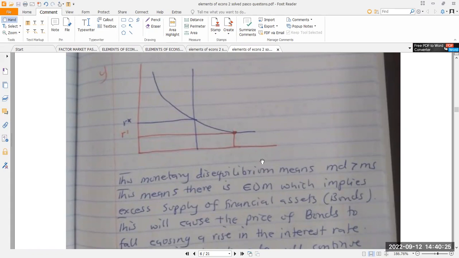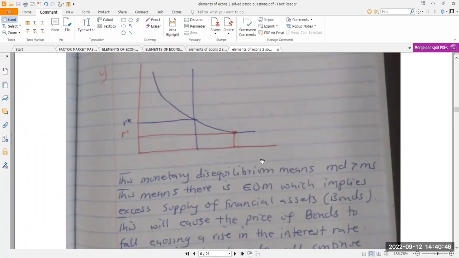Now if we look at our case here, money demand has increased. So we have excess demand for money. It means that when you go to the bonds market, the demand for bonds has fallen short of the supply of bonds.